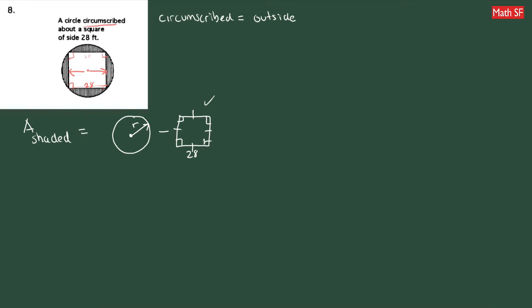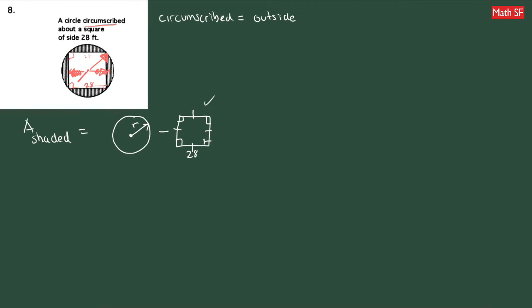But this is not the radius. I want you to be aware of that, because this is not the radius, this is just 28. I'm going to erase this part. Actually, the radius should be from here to here.